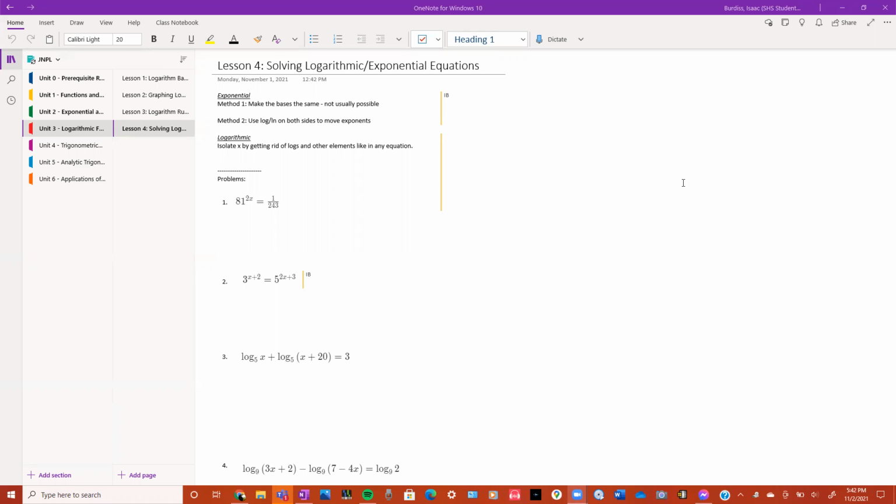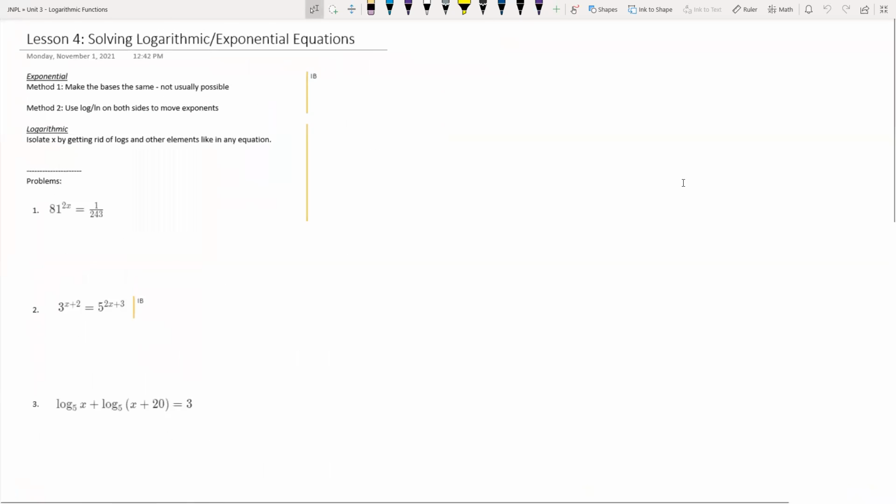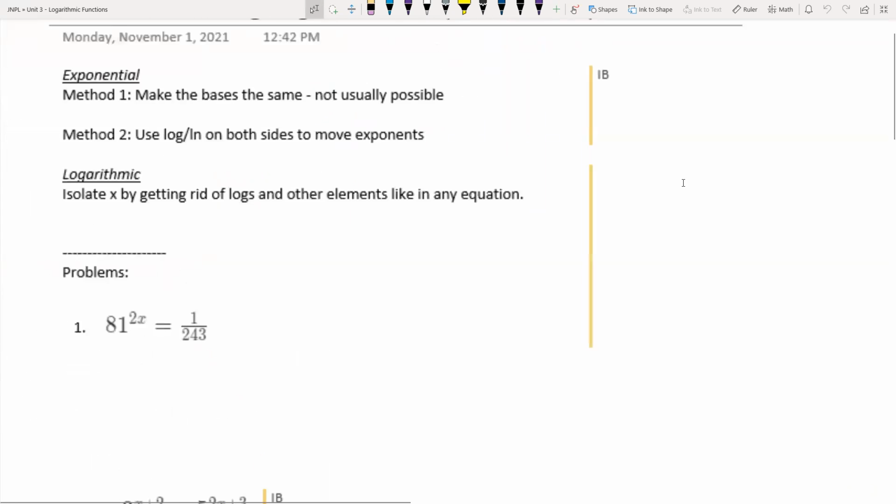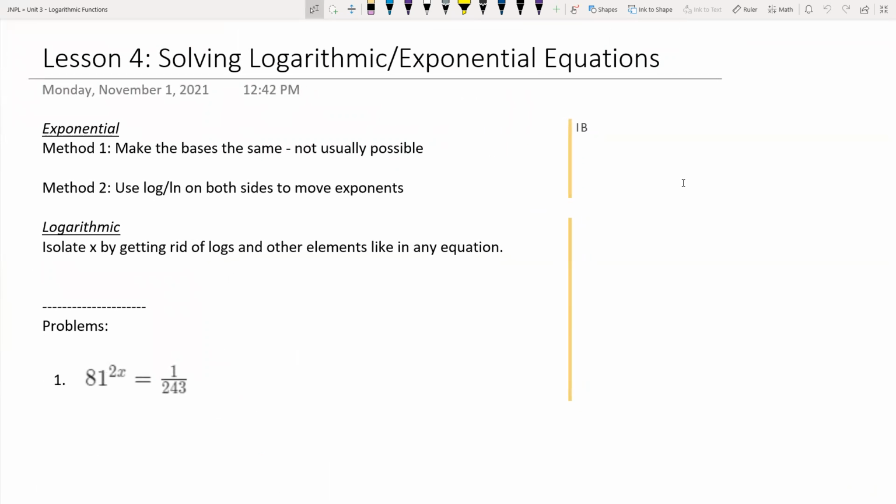So, how do you do this? Well, let me zoom this in a little bit. First of all, with exponential equations, you sometimes want to make the bases the same. Usually that's not possible. In most cases, you have to use the log or ln natural log function on both sides to move the exponents.